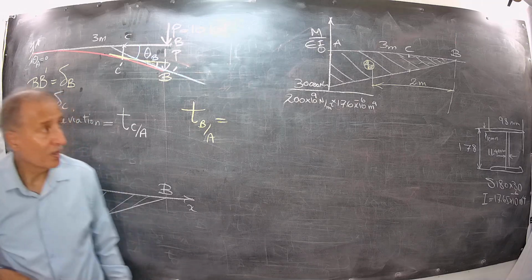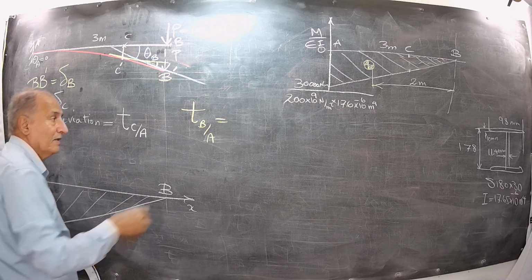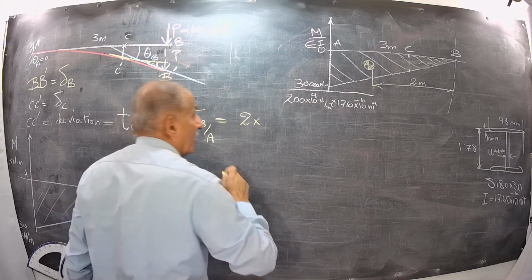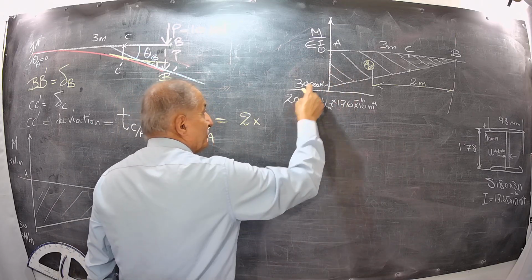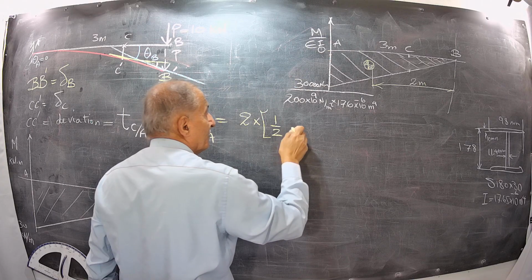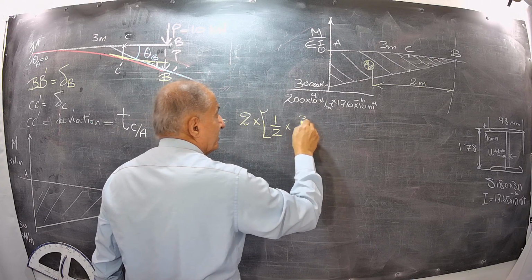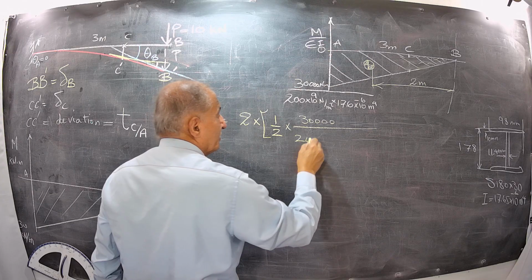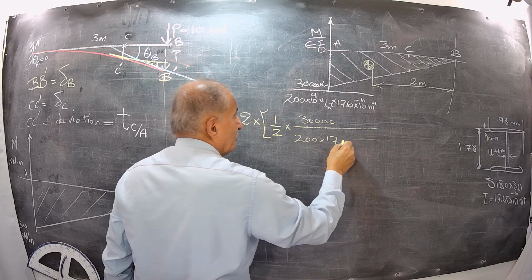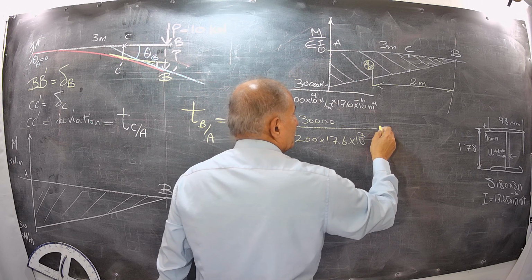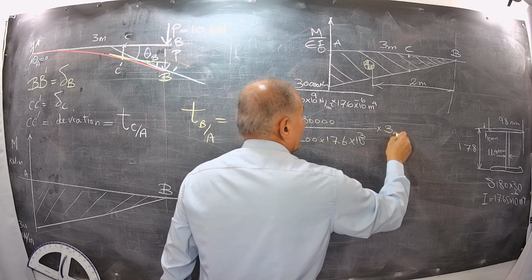Then it is equal to 2 times the area, which is this one, half, 30,000, 200, 17.6 × 10^3, times 3 meters.